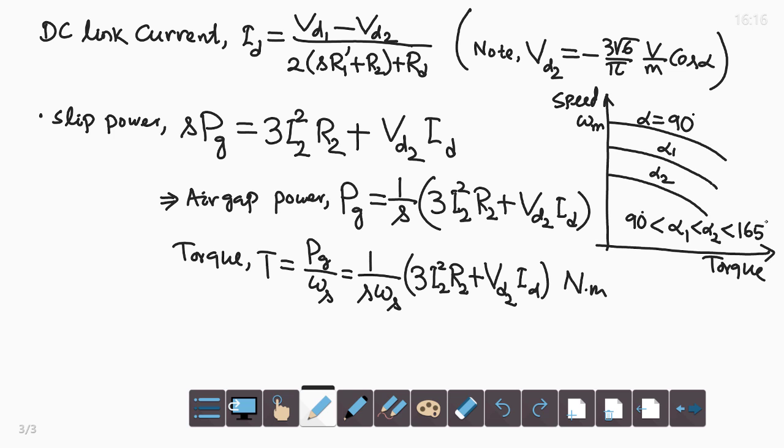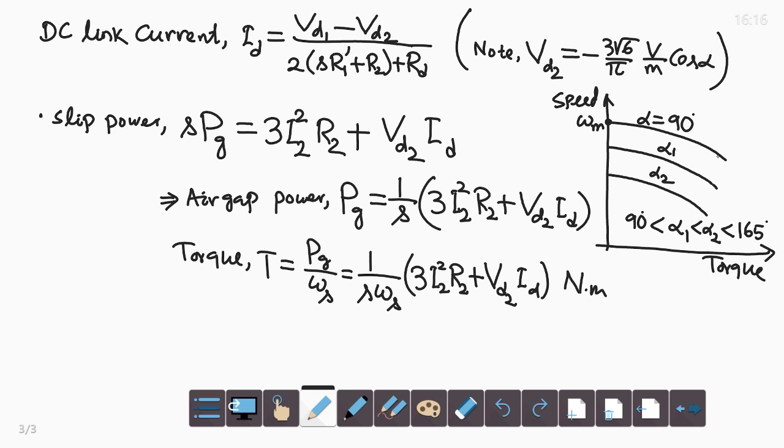At alpha equal to 90°, we have the highest no load speed, which is very close to the synchronous speed. At the same alpha 90°, as the load torque is increased, speed reduces, given by the torque speed characteristics of the induction motor.